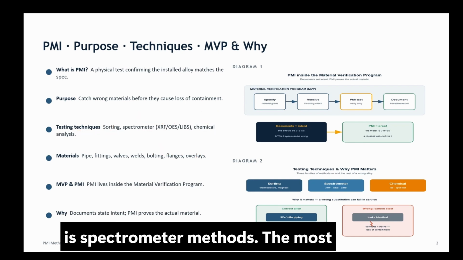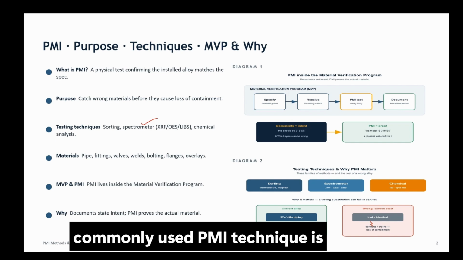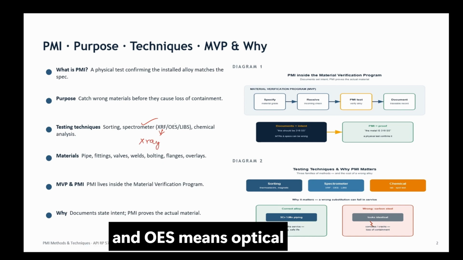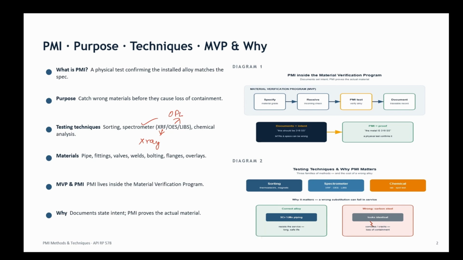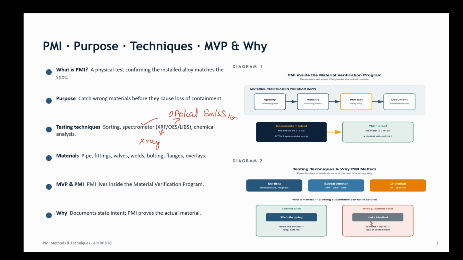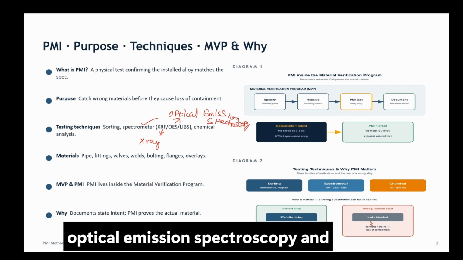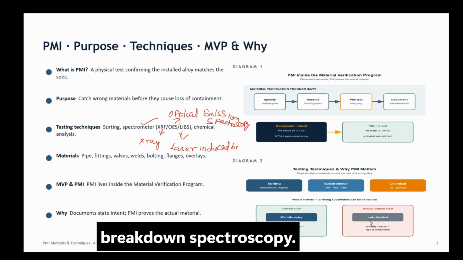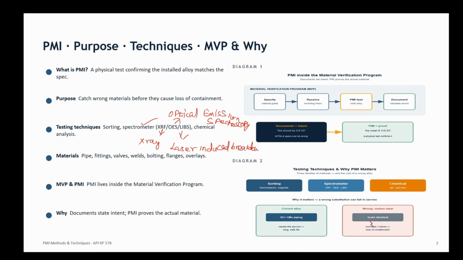The next is spectrometer methods. The most commonly used PMI technique is spectrometer methods. That is XRF, meaning X-ray fluorescence, OES, meaning optical emission spectroscopy, and LIBS, which is laser induced breakdown spectroscopy.